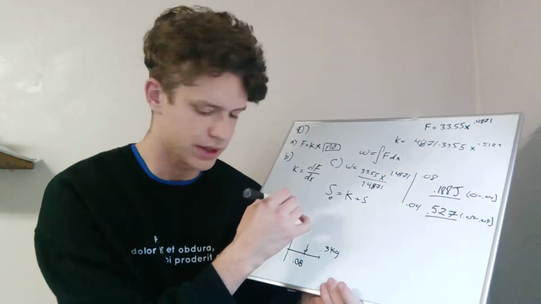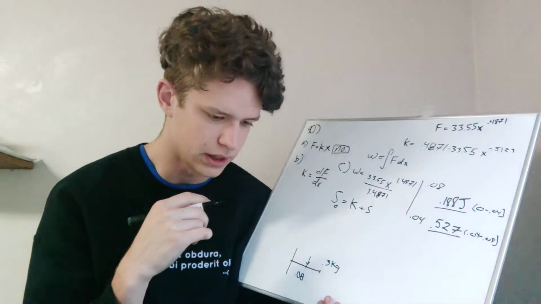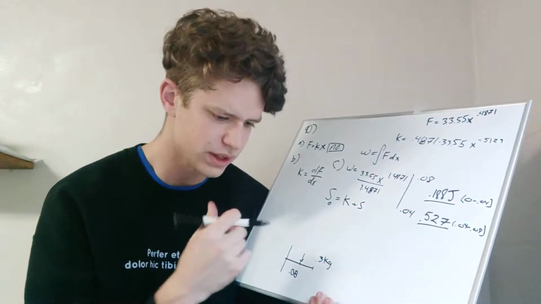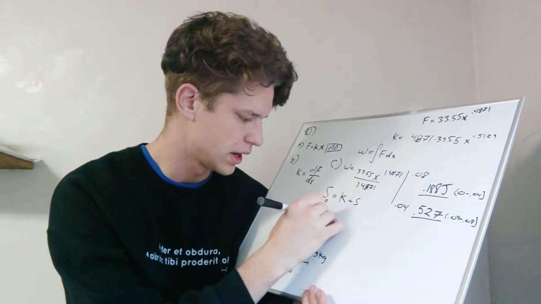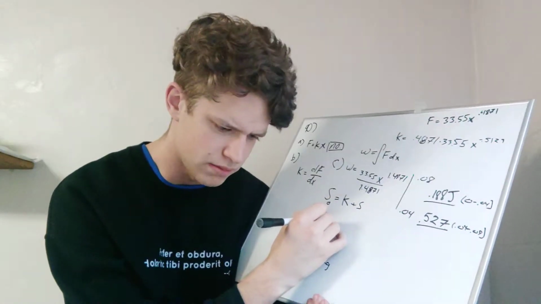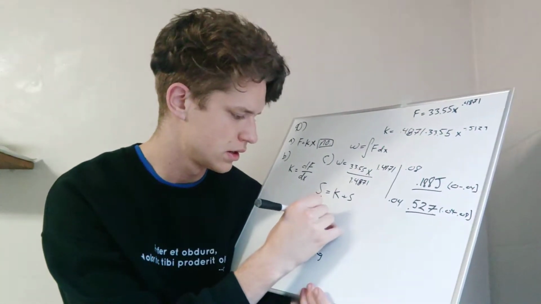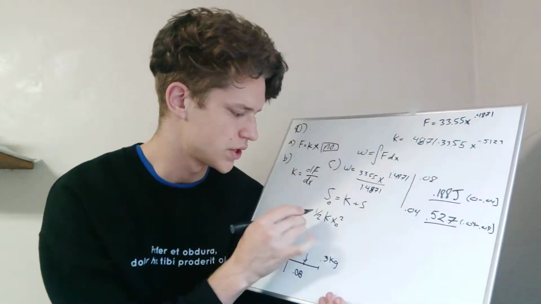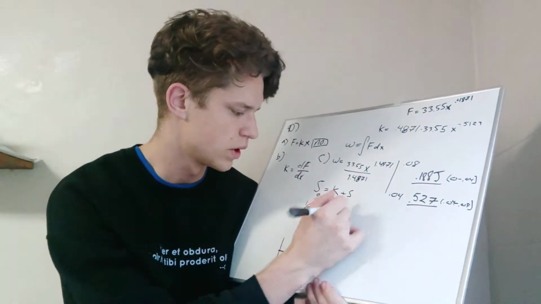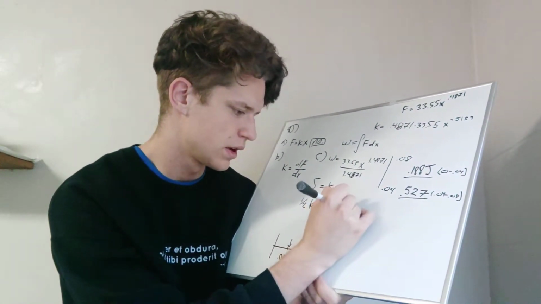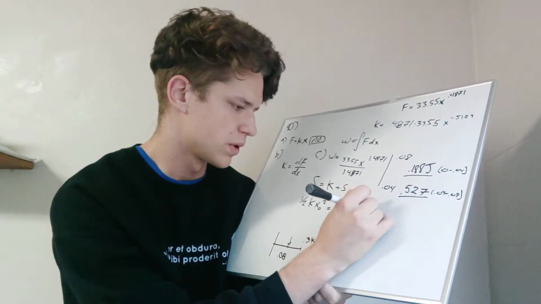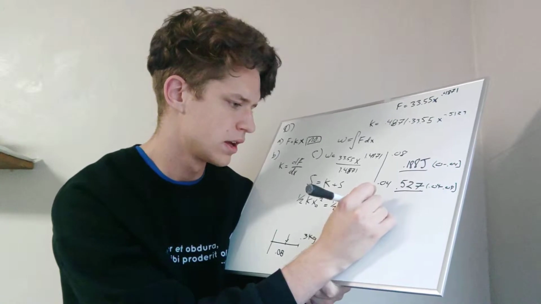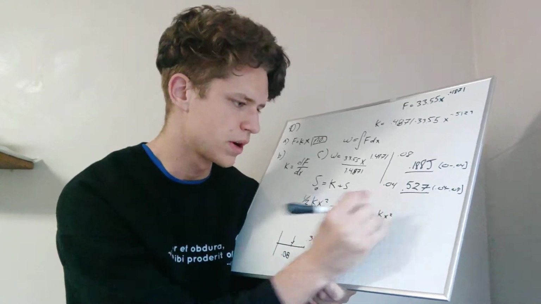So the equation for that is 1/2 k x naught squared, because this is our initial one, equals 1/2 times your mass times your velocity squared plus 1/2 k x squared.